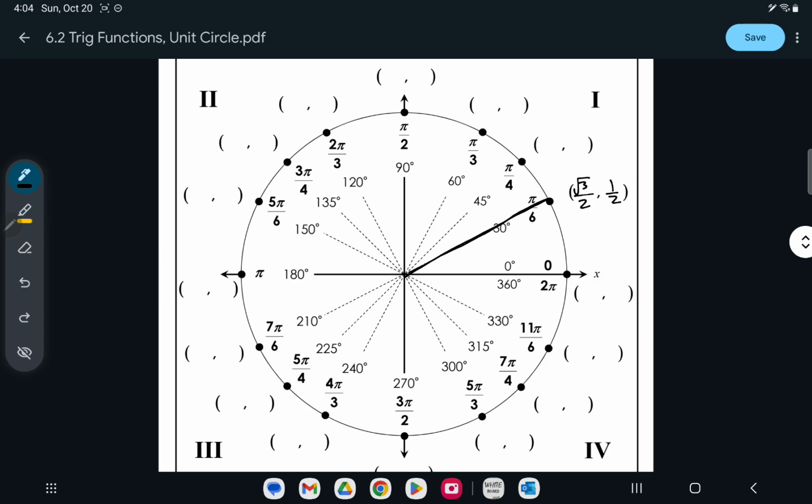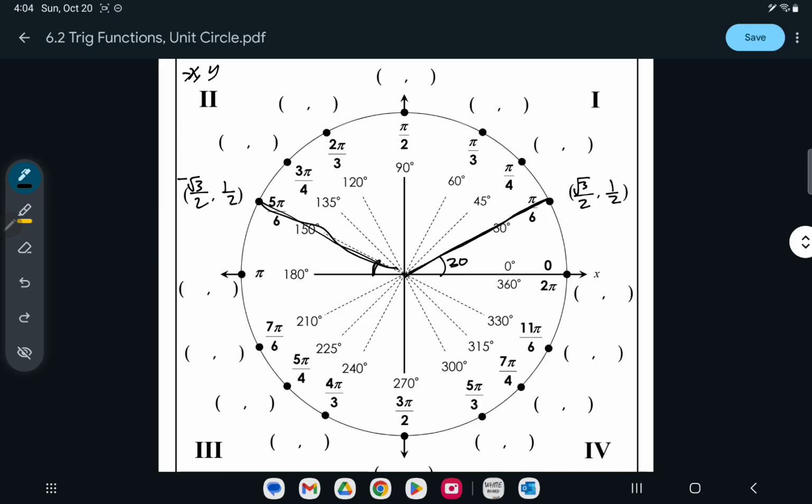Now, in each quadrant, you can find where it matches, because the angle we reference here is 30. So we can look at all the other quadrants and find out where there also is a reference angle of 30. That's not a straight line, but here. So the values are going to be the same, √3 over 2 and 1/2. But think about what quadrant we're in. X's are negative. Whoops.